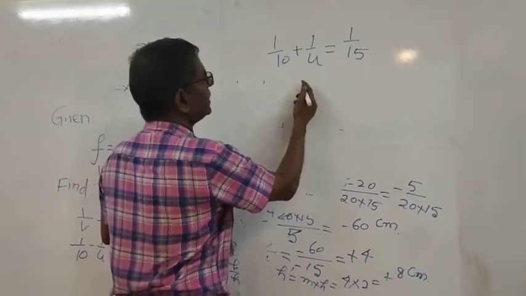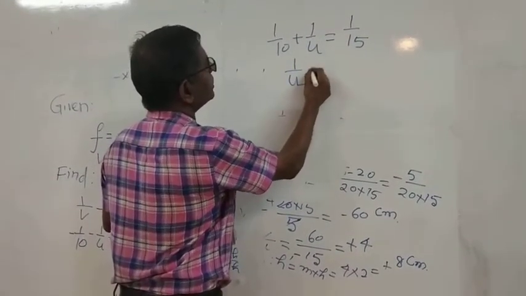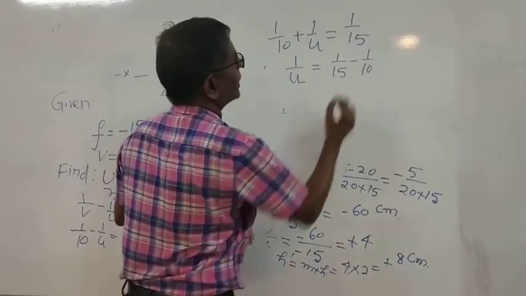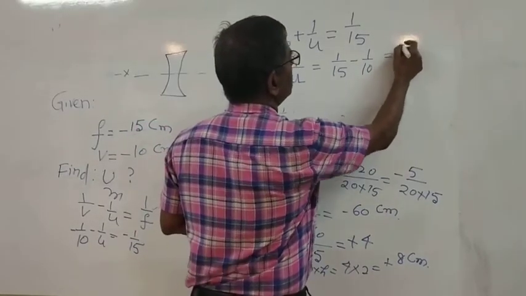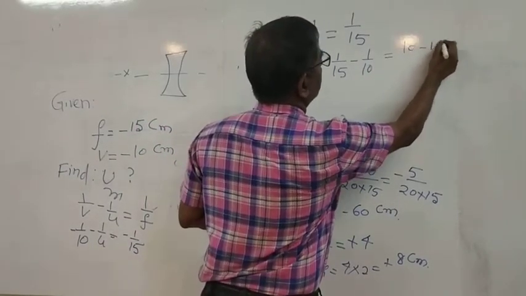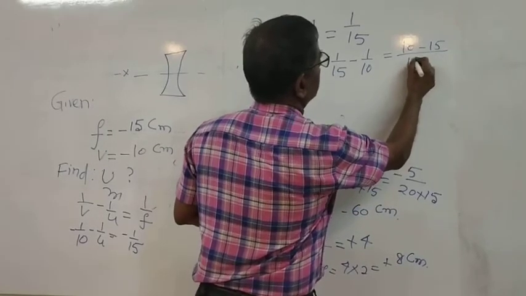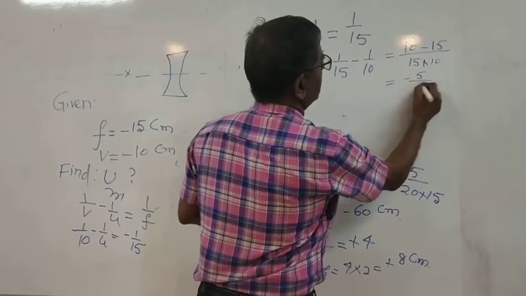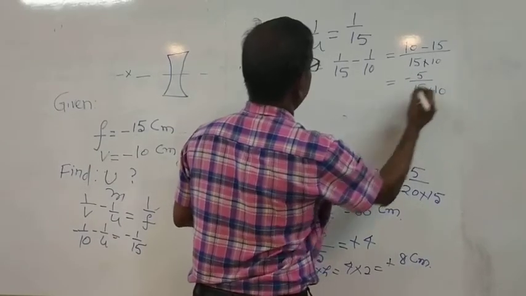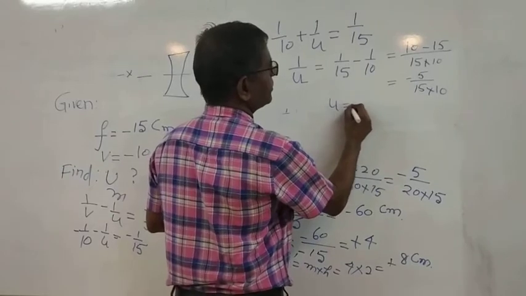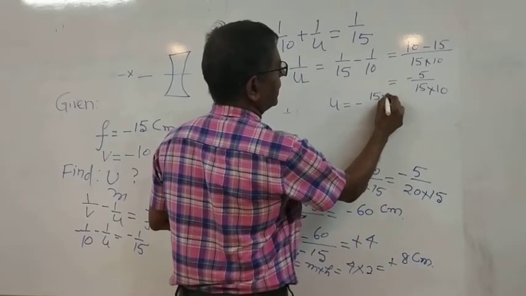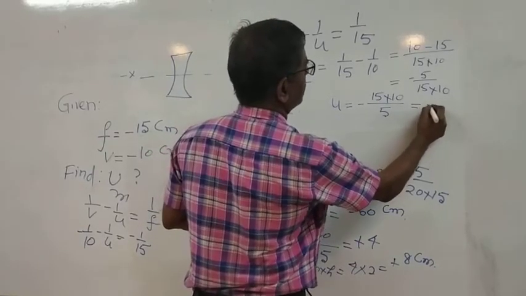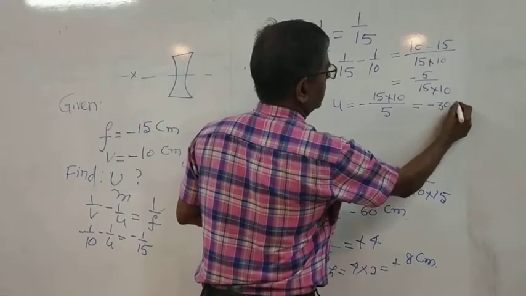Now you can simplify this fraction. 1 by U is equal to 1 by 15 minus 1 by 10. So this becomes 10 minus 15 over 15 into 10, so this becomes minus 5 over 15 into 10. So U becomes minus 15 into 10 divided by 5. So this becomes minus 30 centimeter.